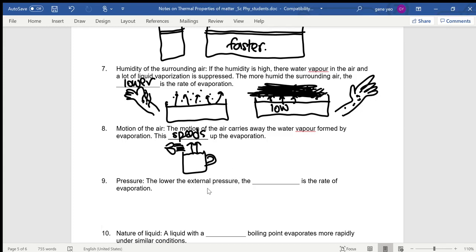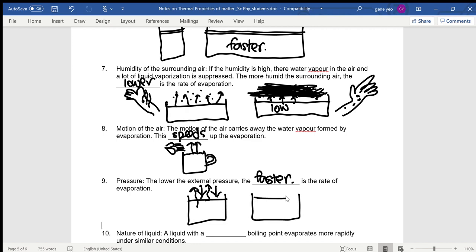Pressure: the lower the external pressure, the faster the rate of evaporation. Imagine if I've got a container of liquid and there's low pressure, this liquid can evaporate away very fast. However, if I have the same container, but now I have a lot of things pushing down on it under pressure, this liquid is going to find it hard to evaporate into the atmosphere.